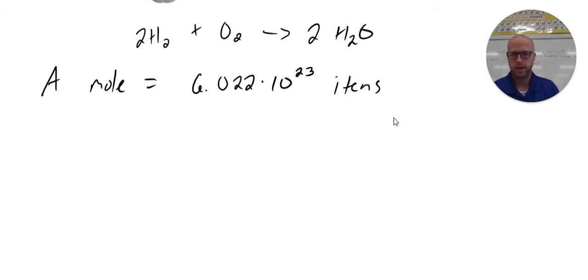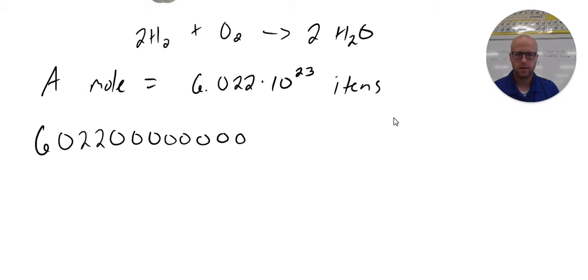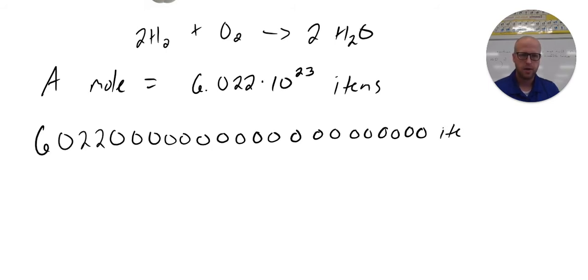So if I write that out not in scientific notation, I think that's right, if I count my zeros correctly. So that's how many items 1 mole of a substance is.